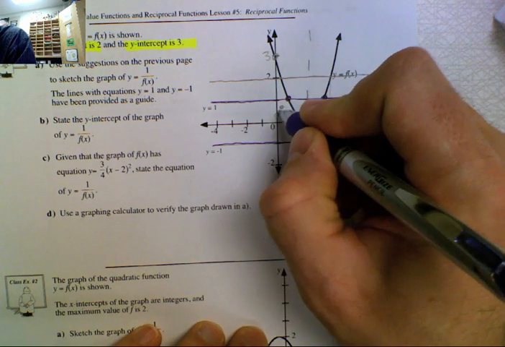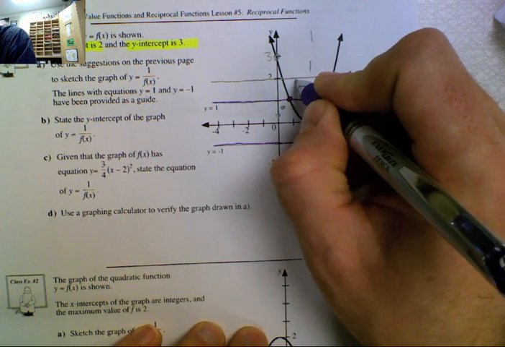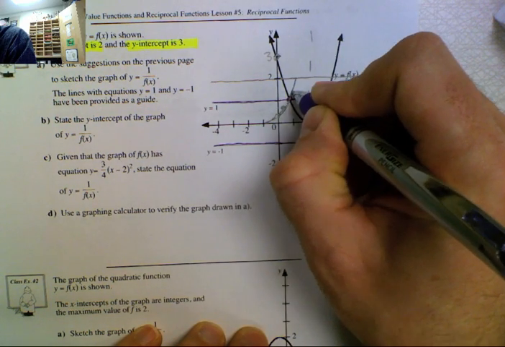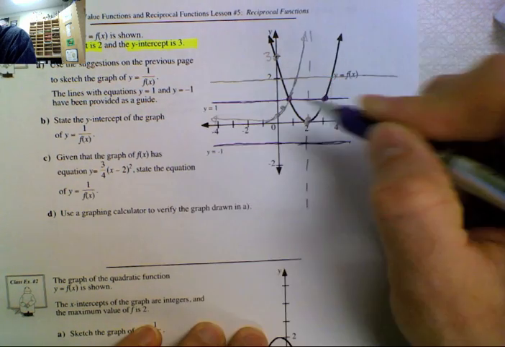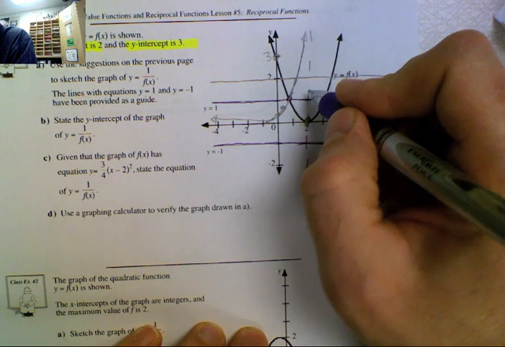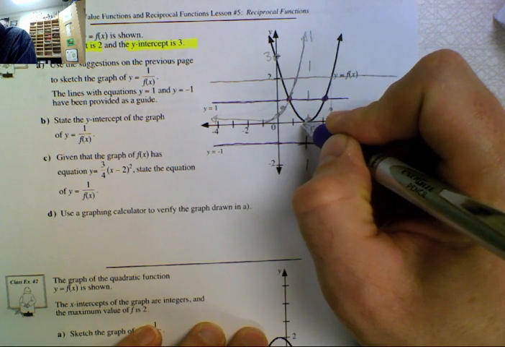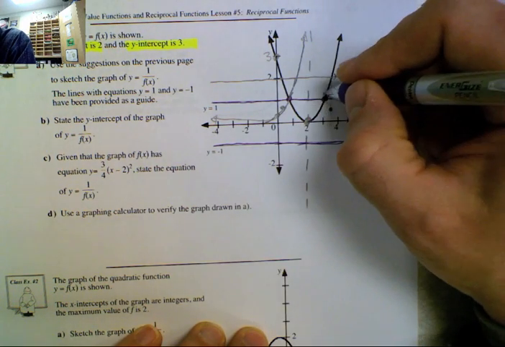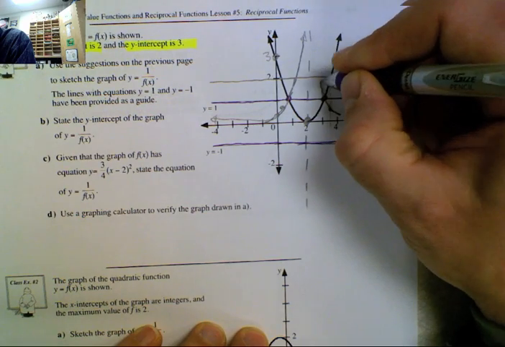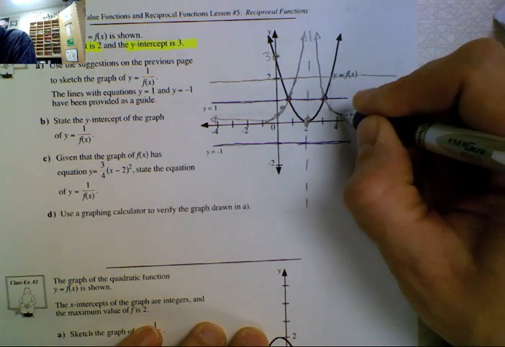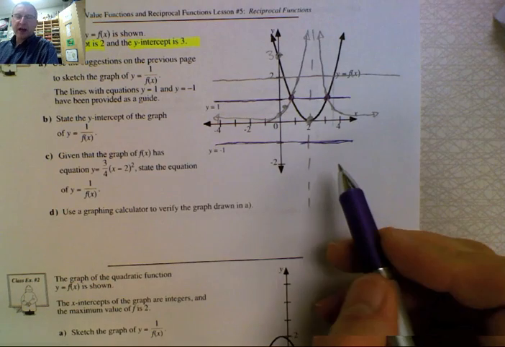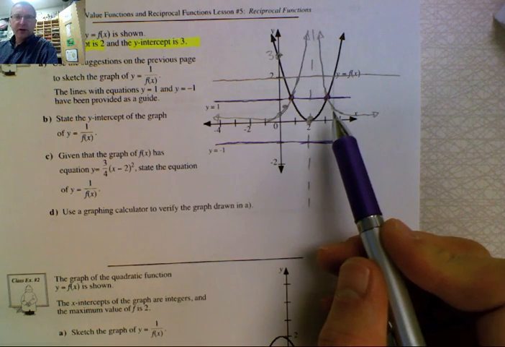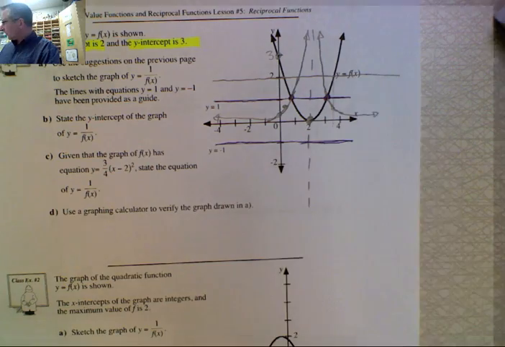If you follow these points, they curve up along this asymptote and along the x-axis. Same thing here. This is going to curve up along the asymptote here and down along the asymptote there. So we actually have a sketch of the reciprocal function.